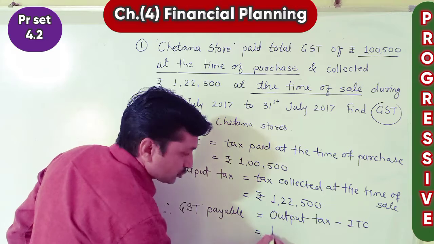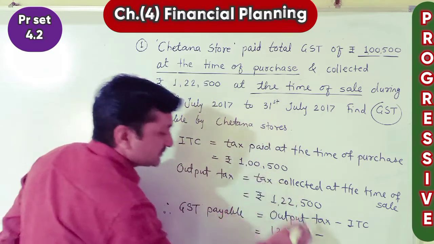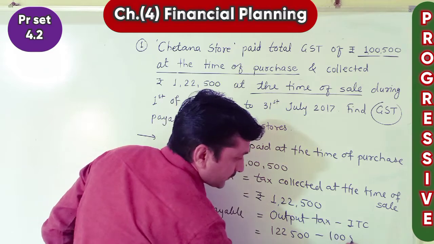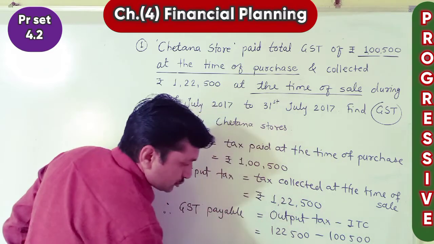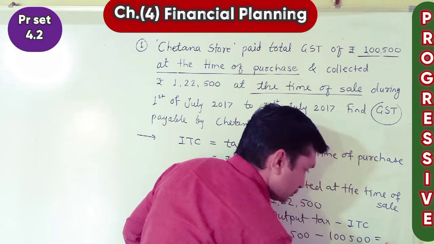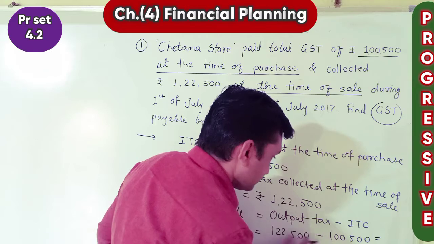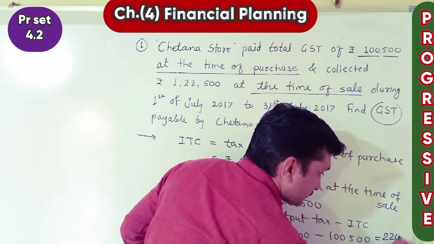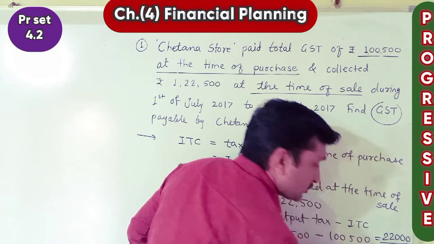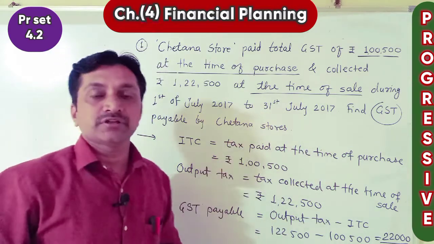Output tax is 1,22,500 minus ITC is 1,500,000. Now do the subtraction: 1,22,500 minus 1,500,000, we get 22,000 rupees. That is the GST payable by Chetna Stores.